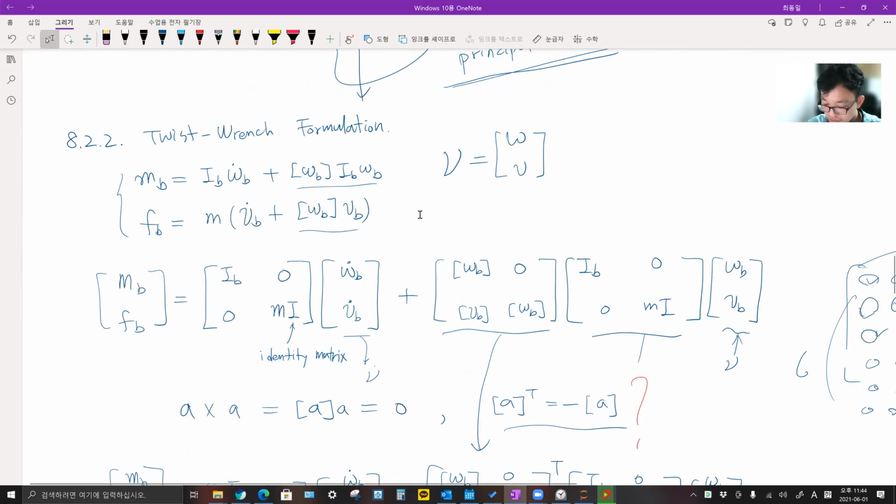So as a result, we can see the twist wrench formulation. Simply, the moment M equals IB omega B dot plus IB twist IB omega B, and FB equals M VB dot omega B symmetric VB.